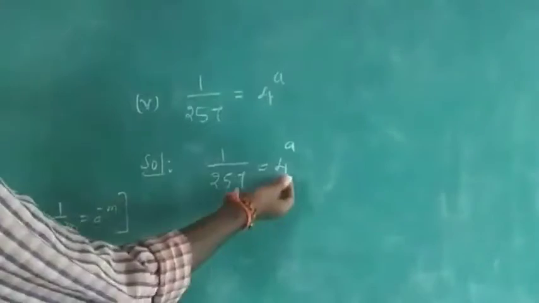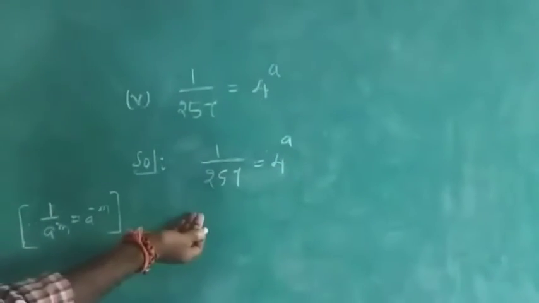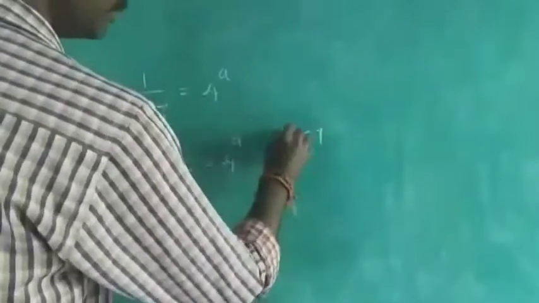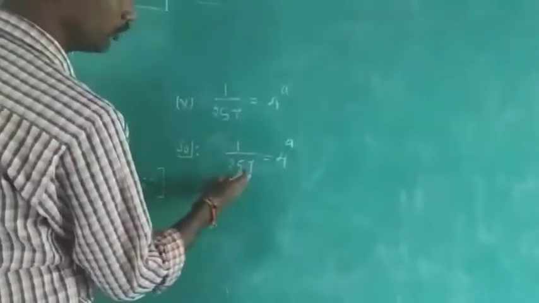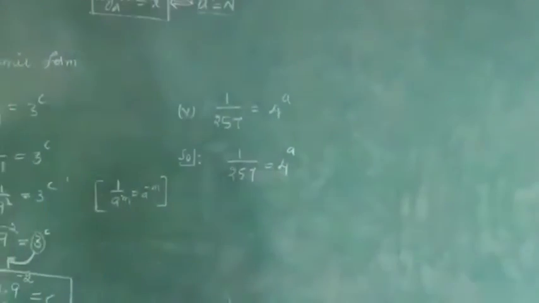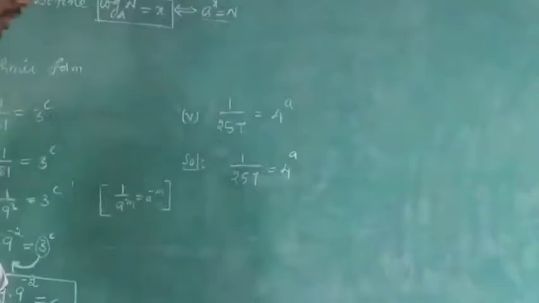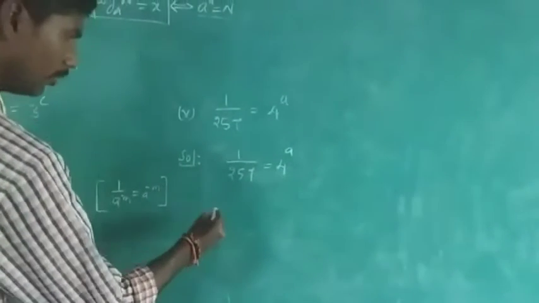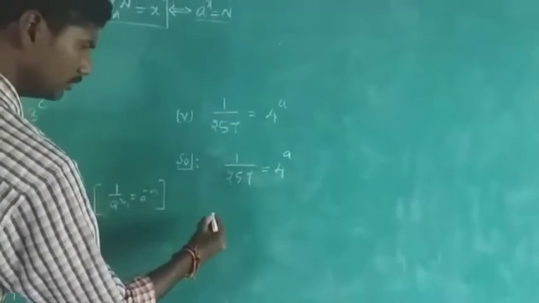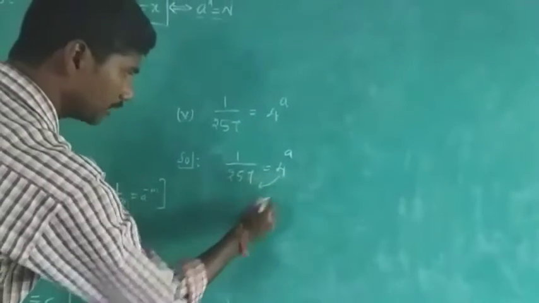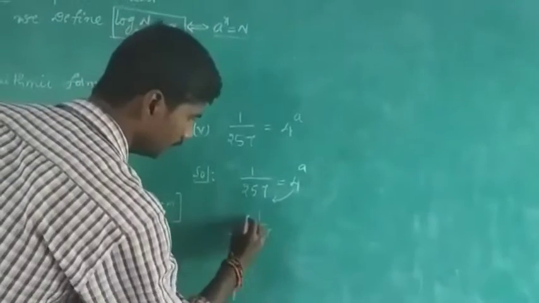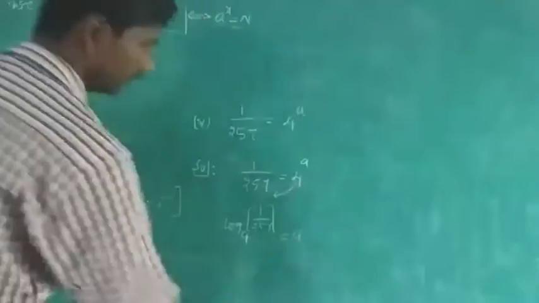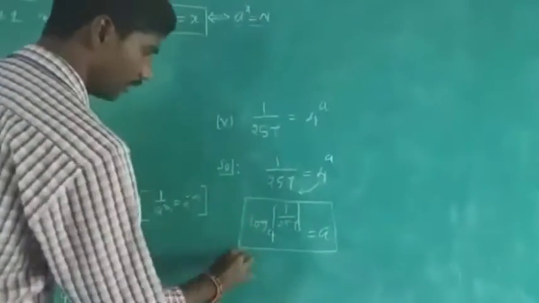You can simply write it by transposing the 4 here, otherwise you can find 257 by prime factorization. Here 257 is a prime number. So what I am doing is, you can write this power a by transposing it here. So log base 4 of 1 by 257 is equal to a. This is the logarithmic form.